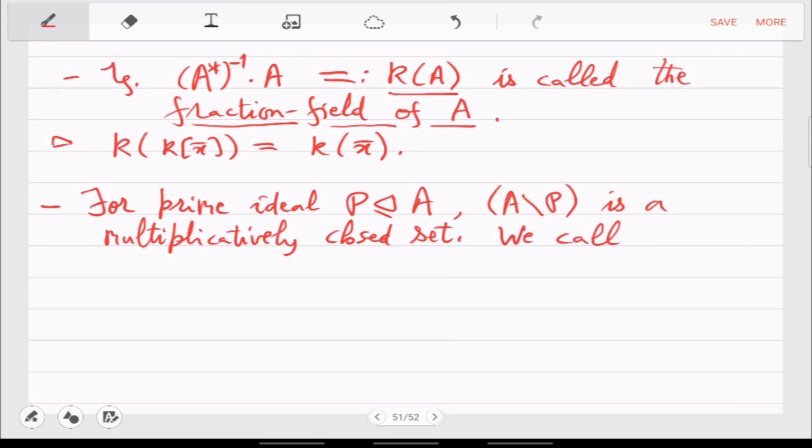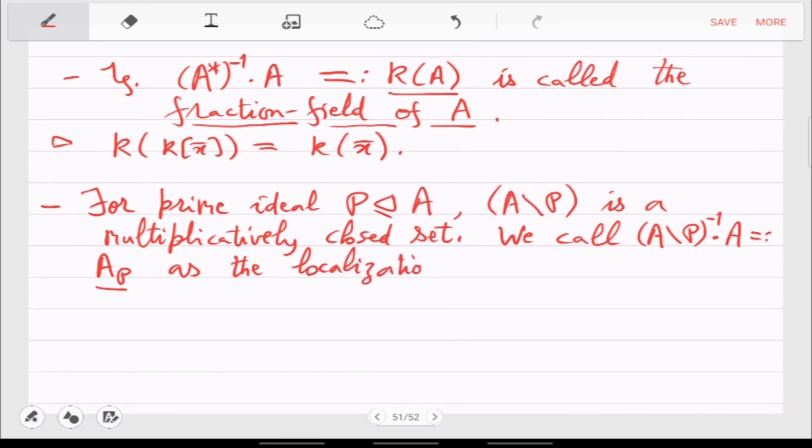We call A minus P inverse times A, we call this A sub P, the localization of A at P. Okay, so the algebraic operation is completely new.